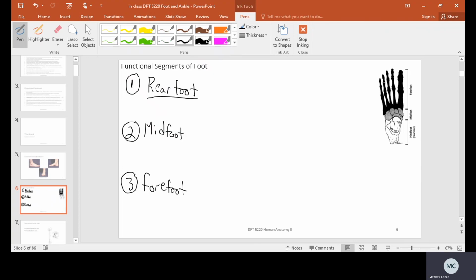Okay, so rear foot varus. We've kind of talked about coxa vara, genu varum. Right now we're going to talk about rear foot varus.